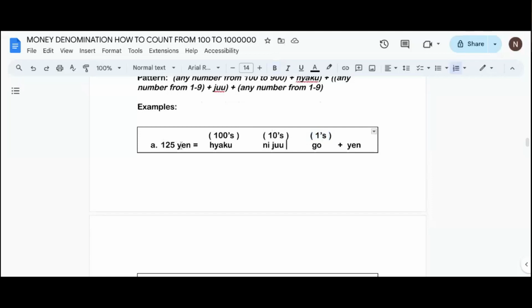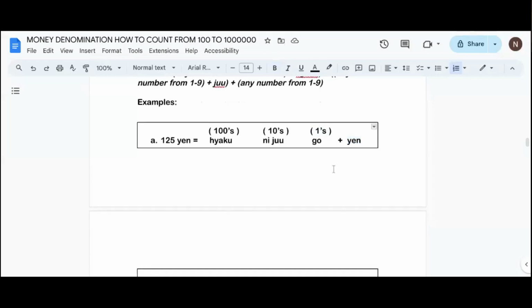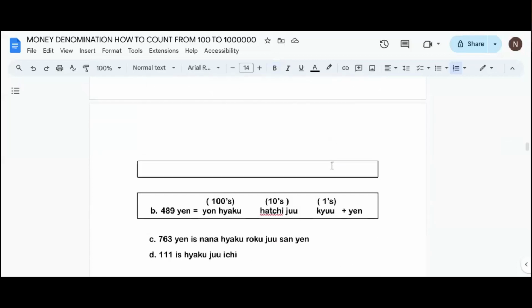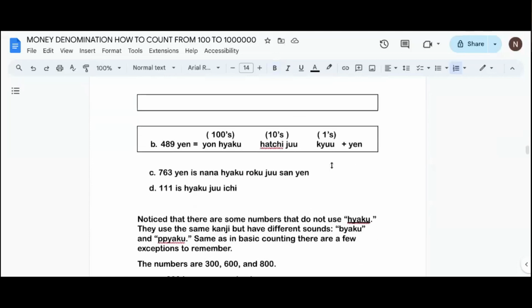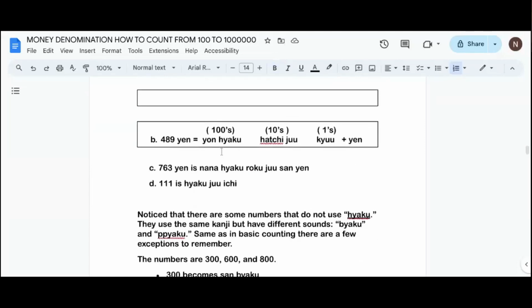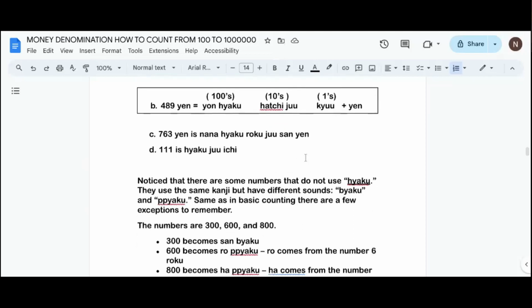So for 125 yen, hyaku nijugo yen. That's how you count money. Yonhyaku hachijuku yen for 489. Hundreds, tens, and ones.